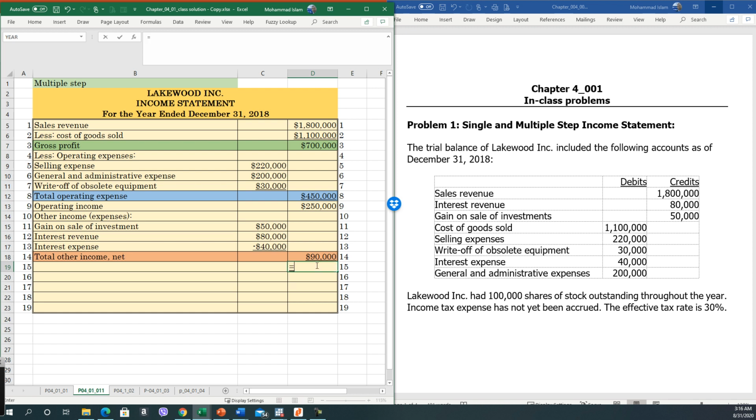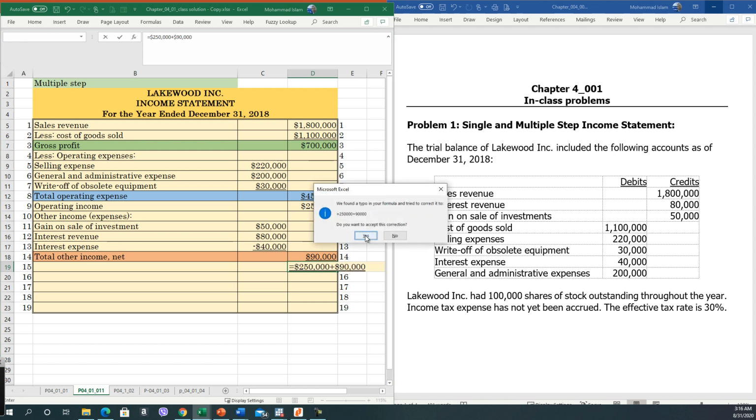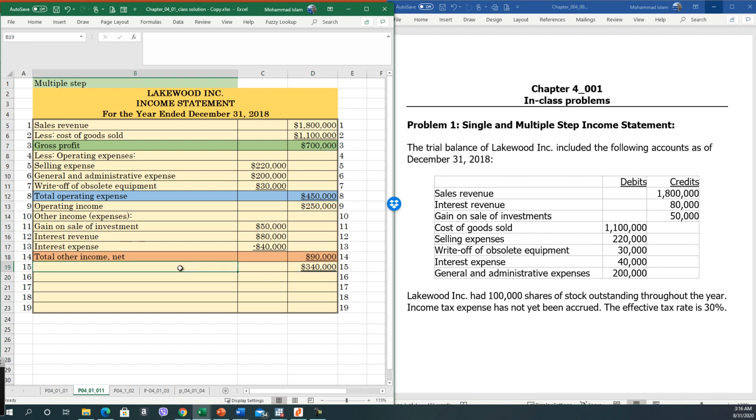Okay, so this is going to be 250,000 plus 90,000, 340,000, that is income before income taxes.